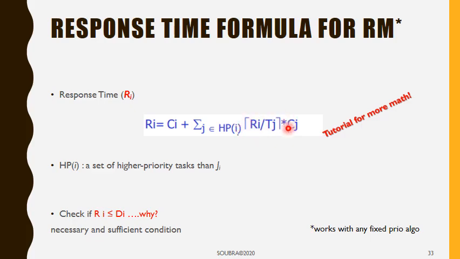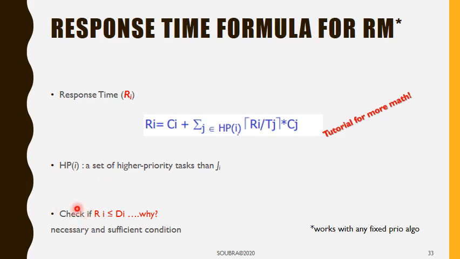So the ceiling function of the response time of my task in the previous instance over the period of the higher priority task, multiplied by the computational time of the higher priority task, and we're gonna sum over all the higher priority tasks. Fair enough? And you're gonna do a lot of exercise, a detailed exercise in the tutorial, so you can fully understand the mathematical reasoning behind it.